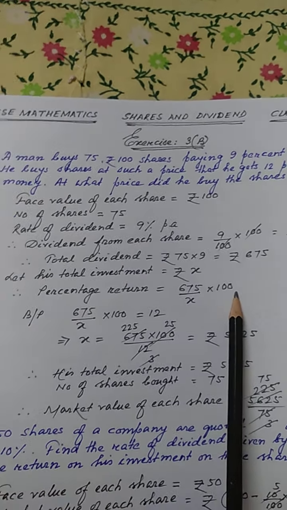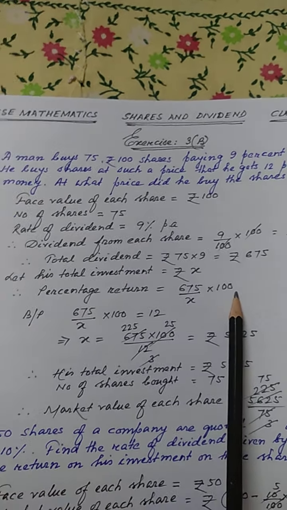Now sum number 20. A man invests rupees 20,020 in buying shares of nominal value rupees 26 at 10% premium. The dividend on the shares is 15% per annum. So calculate, one, the number of shares he buys, the dividend he receives annually, and then the rate of investment he gets on his money.